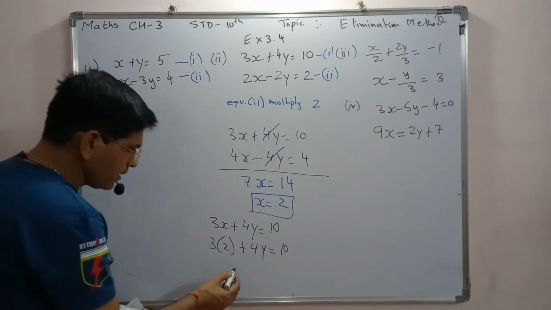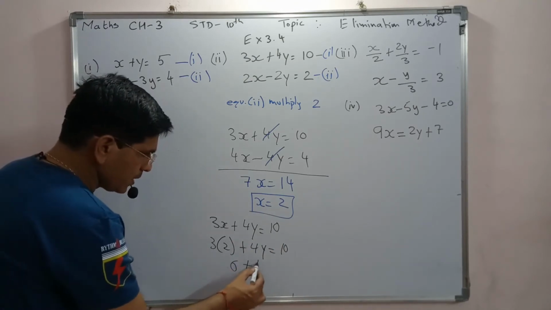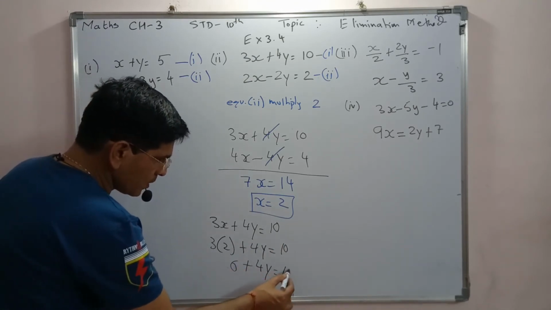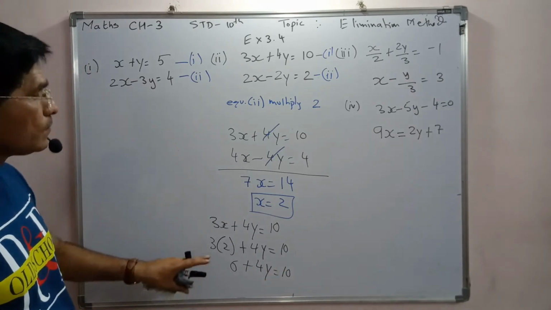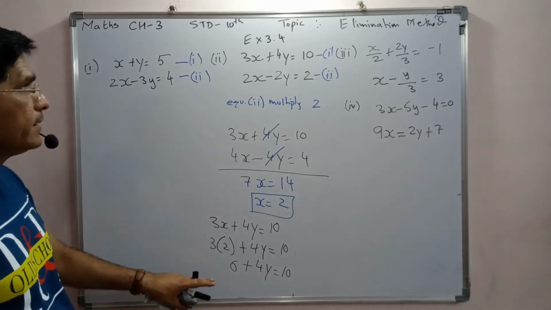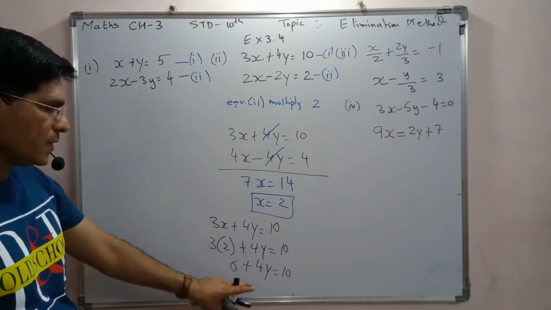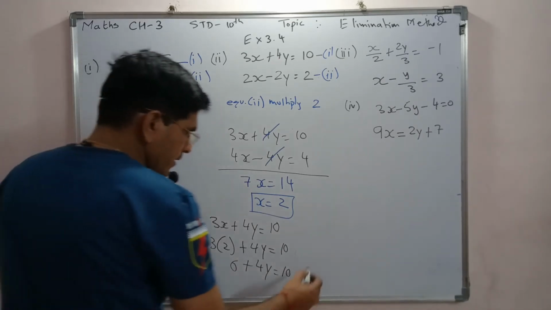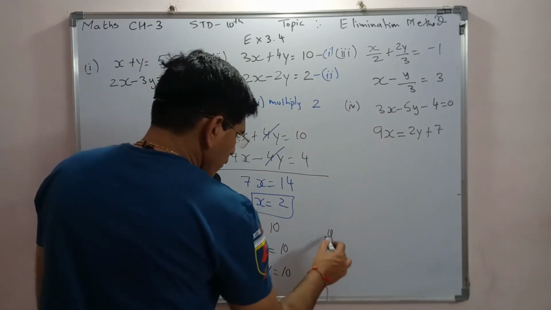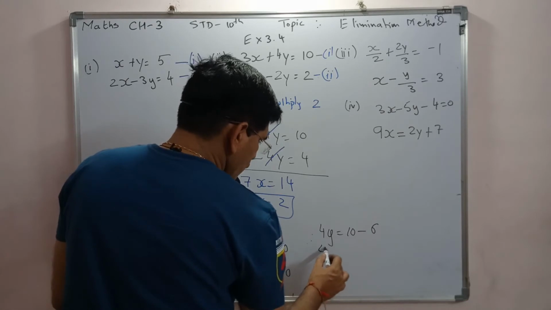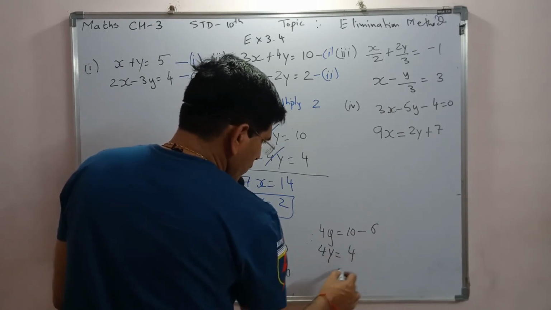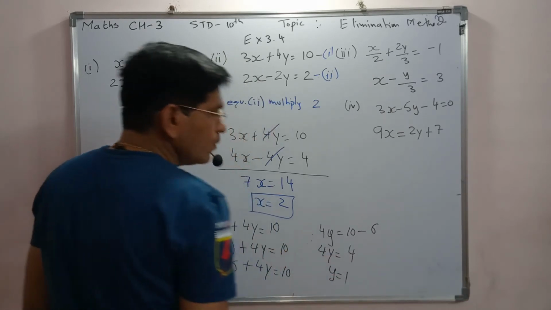So 3 twos are 6 plus 4y is equal to 10. Therefore 4y is equal to 10 minus 6. So 4y is equal to 4. So y is equal to 1.